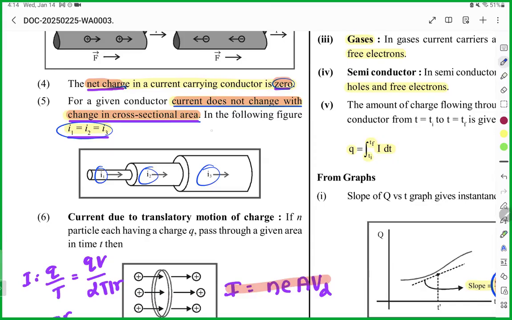Because you know current density. Barinder, what is the formula of current density?